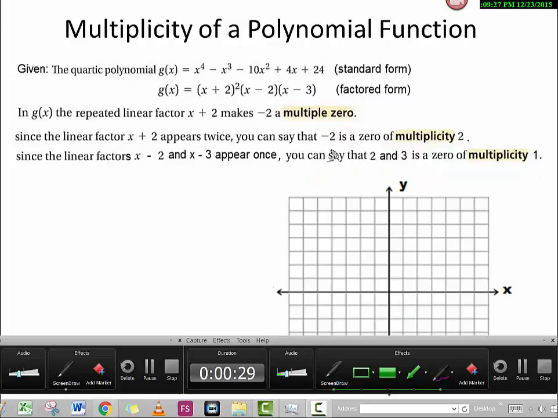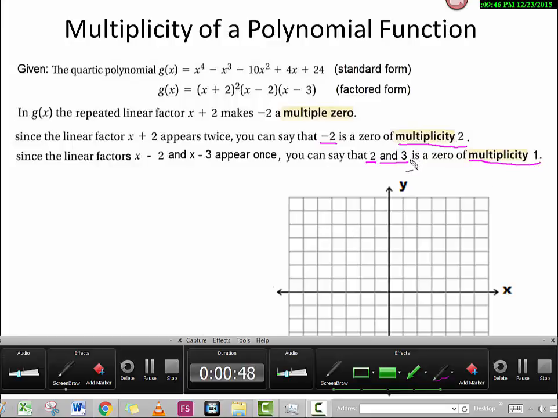Now that we know negative 2 is a zero of multiplicity 2, and the zeros 2 and 3 are zeros of multiplicity 1.